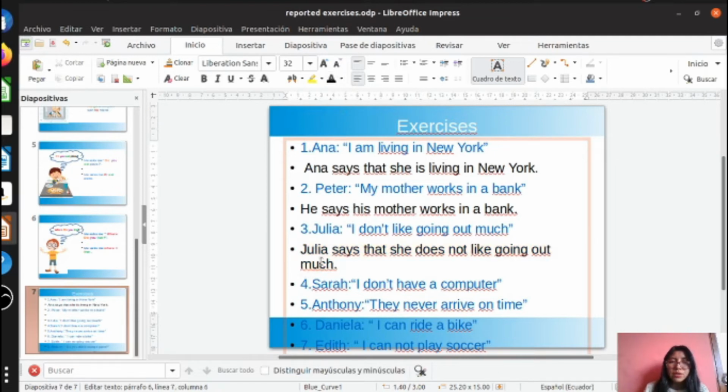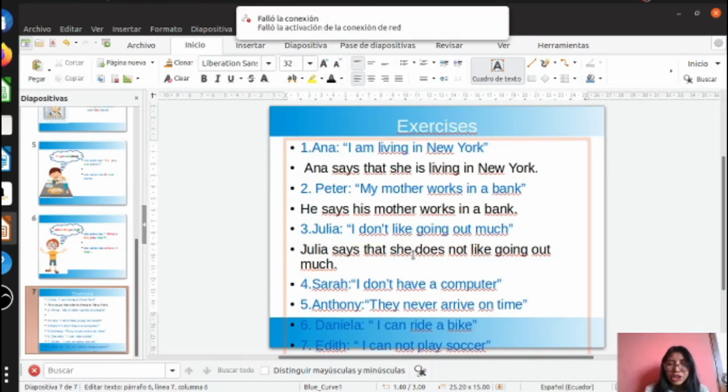Julia dice que ella no le gusta salir mucho.